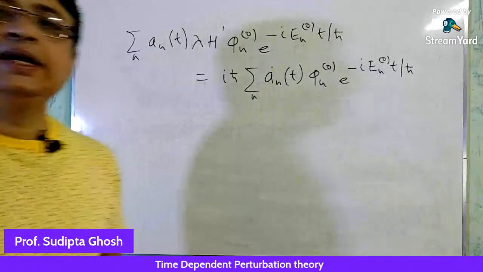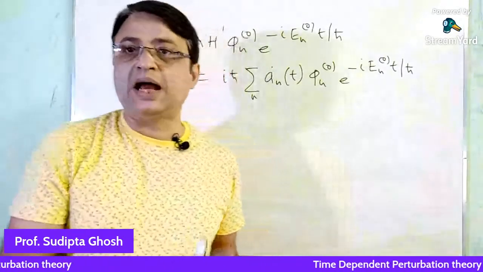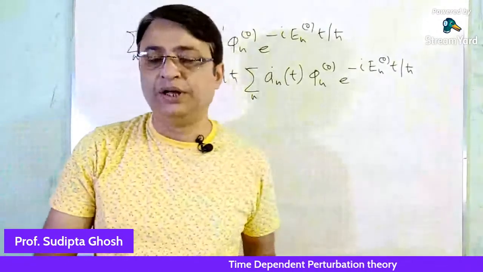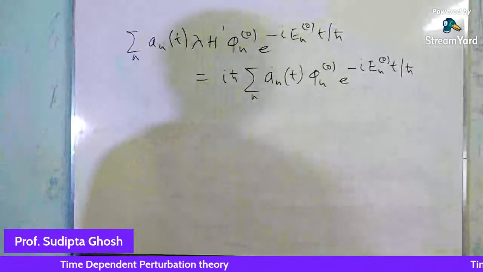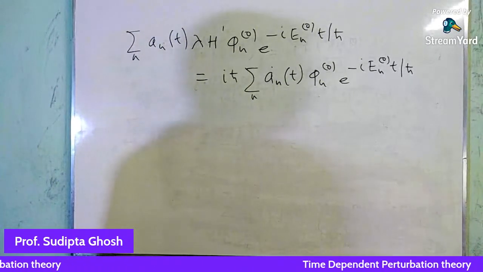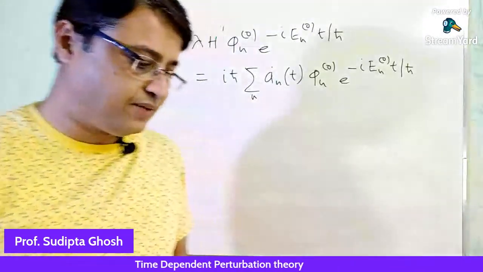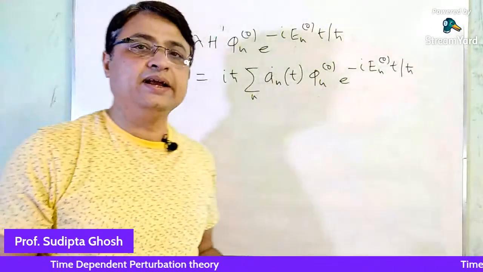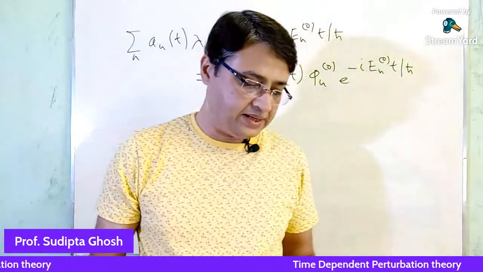Now proceeding in the same manner as we have used in the time independent perturbation theory, here we are also multiplying this equation by phi f0 star from the left, and integrating it over the entire space.